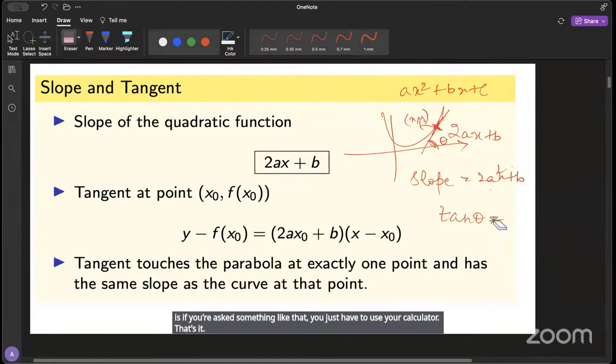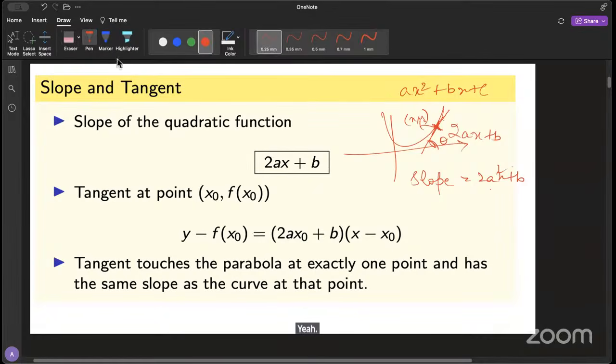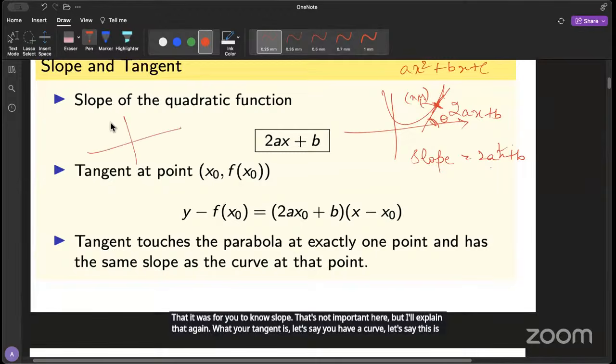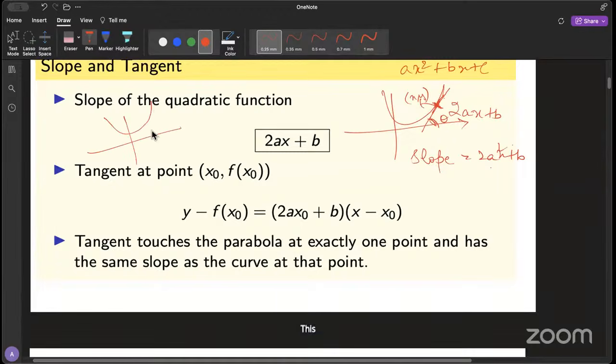Ma'am, may you please explain tangent again? That was for you to know slope. That's not important here, but I'll explain that again. What your tangent is, let's say you have a curve. Let's say this is your graph, your quadratic function's graph.